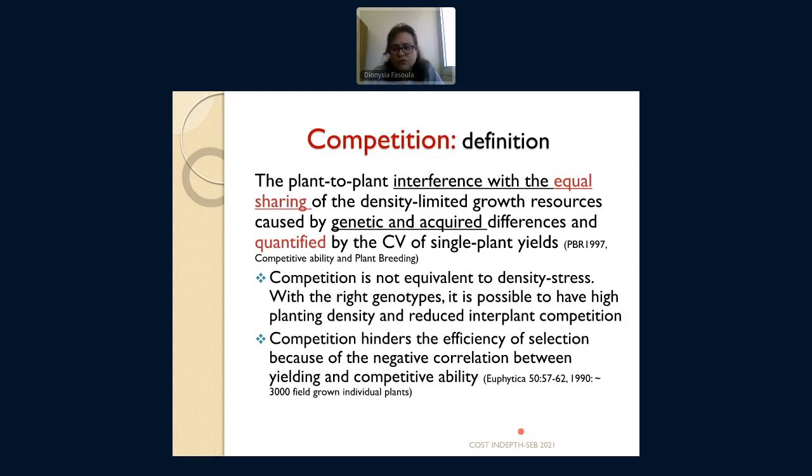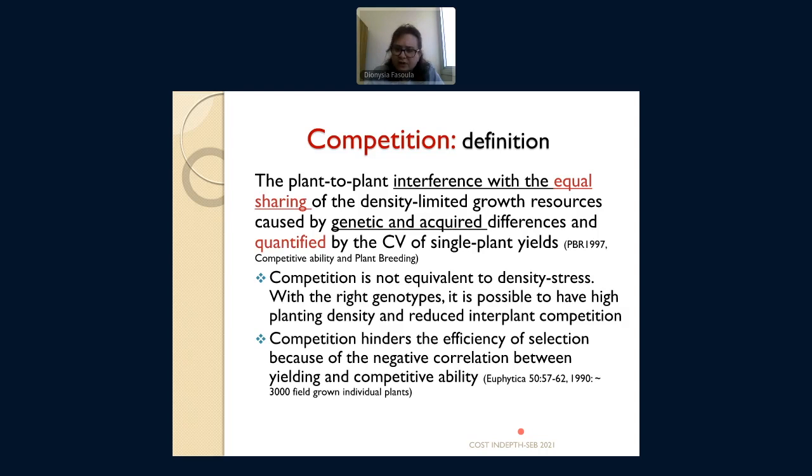It can be caused by genetic and acquired differences, and is quantified by the CV, the coefficient of variation of single plant units. The definition of competition is very important, both because it provides a means to quantify it, and also because there is a great confusion between the stress from competition and the stress from density.